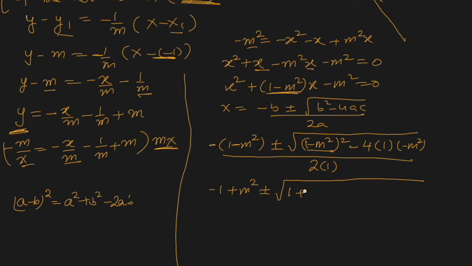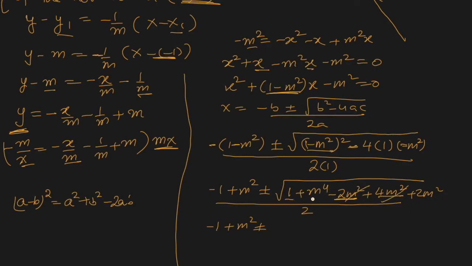Then m square square will be m to the power 4, minus 2ab, 2 times 1 times m square, 2m square. This is negative, so positive 4m square over 2. So minus 1 plus m square plus minus. Now minus 2m square plus 4m square will be positive 2m square, right?